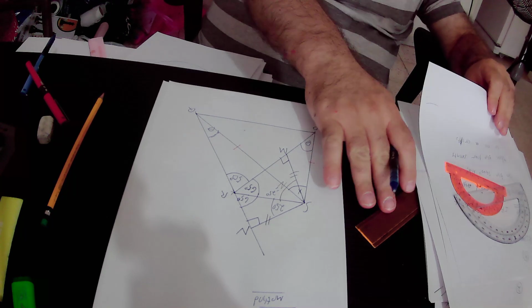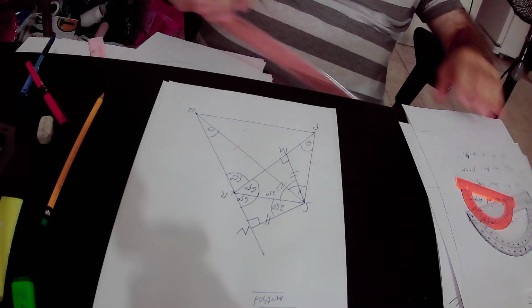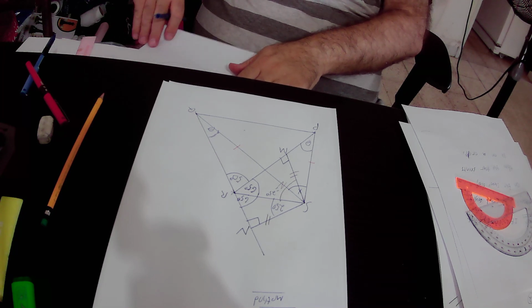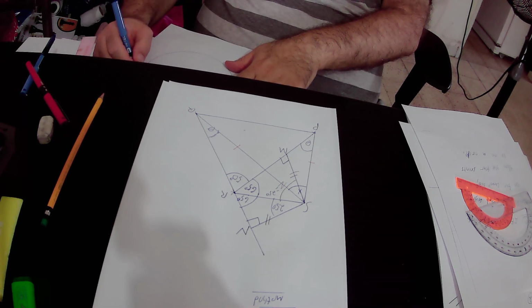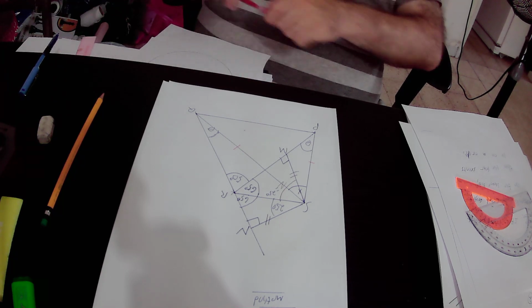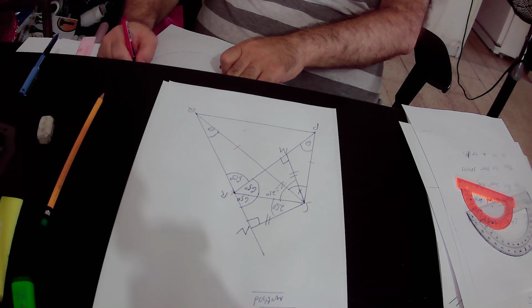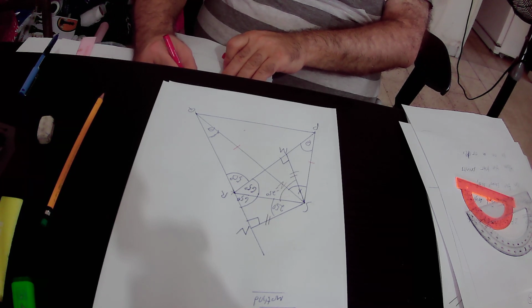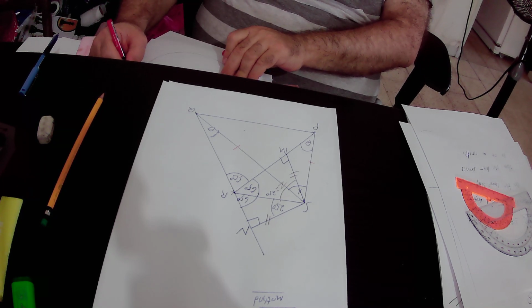So points S, R, P, and Q lie on a circle.